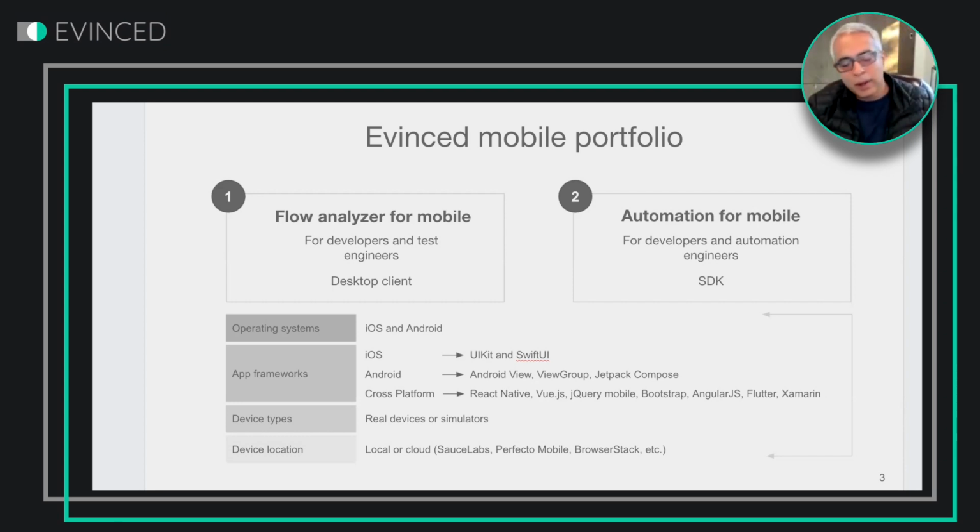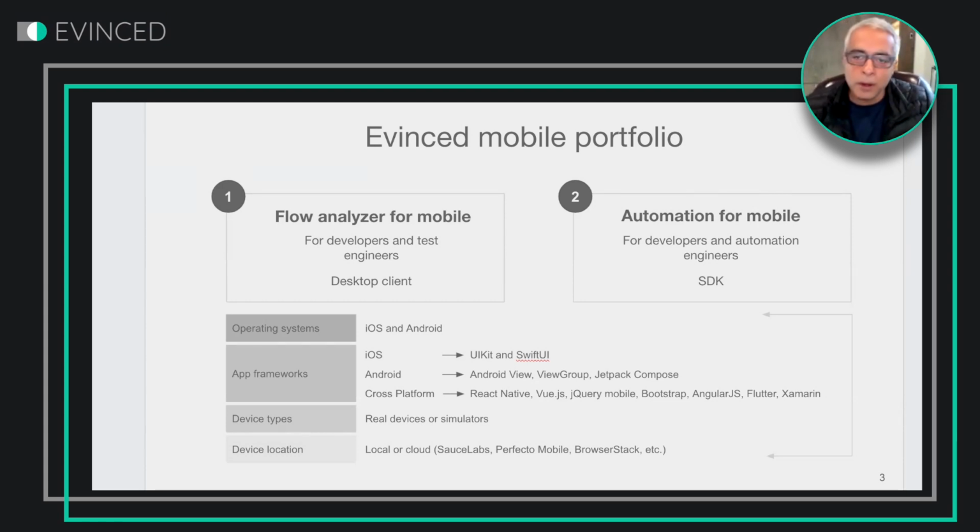And then the second one, I think Rob alluded to this in his comments earlier, which is around automation, right? More and more enterprises are trying to automate UI testing as much as they can, functional testing. That's true, of course, for the web, but it's also true for mobile.